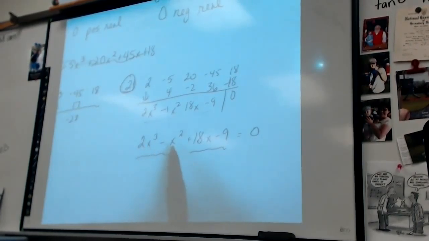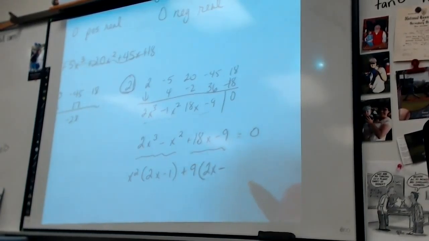So 2x cubed and x squared have an x squared in common. So factor that out, and you have a 2x minus 1, right? And then what can we factor out of 18x and 9? 9. Positive 9, and what do we have left?